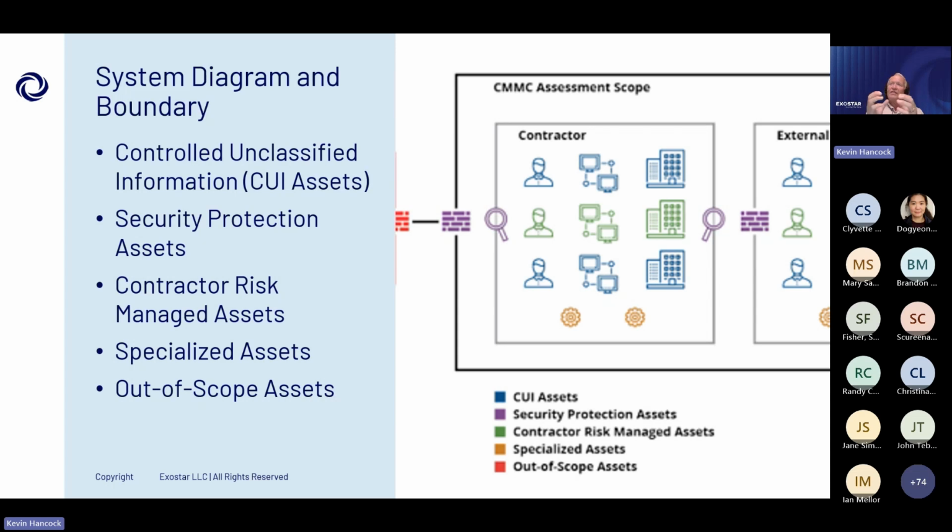So can you shrink that boundary of controlled unclassified information so it's confined to certain people, certain systems, certain areas in your organization? Or do you have to consider the entire organization as that system boundary?